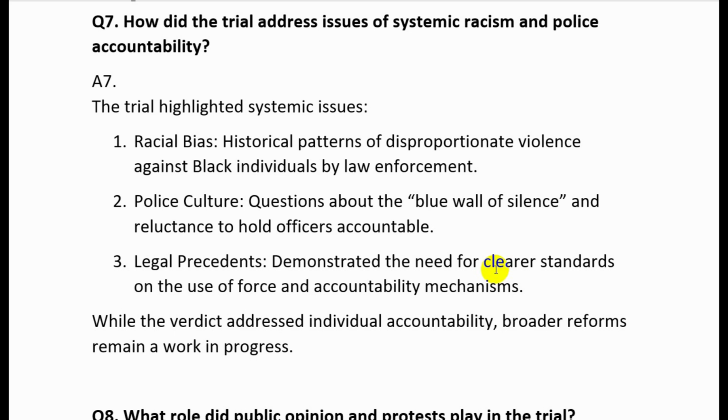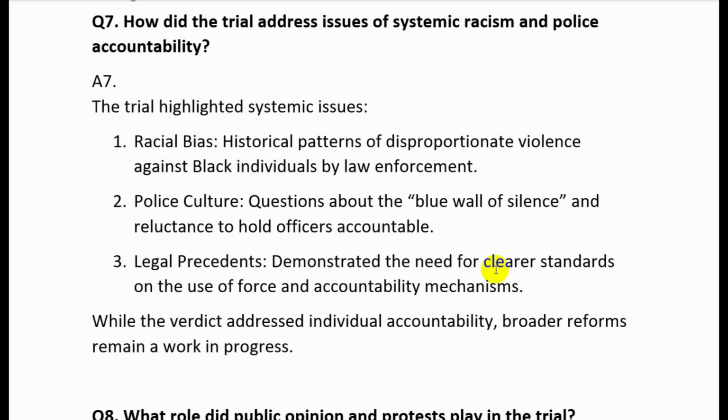This blue wall of silence represents the police officers' silence. What is the culture in police? That they would support their fellow officers or their friends in the police. So there is this question of what is happening within the police, and the police officers should be held accountable.